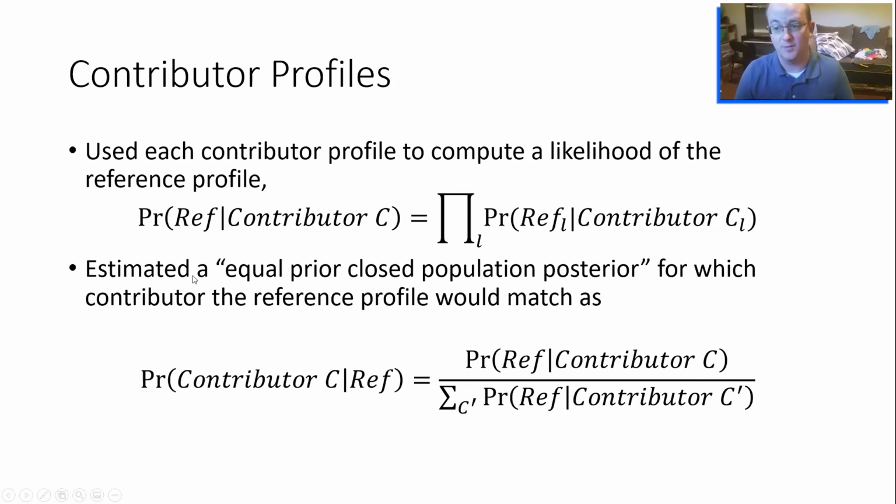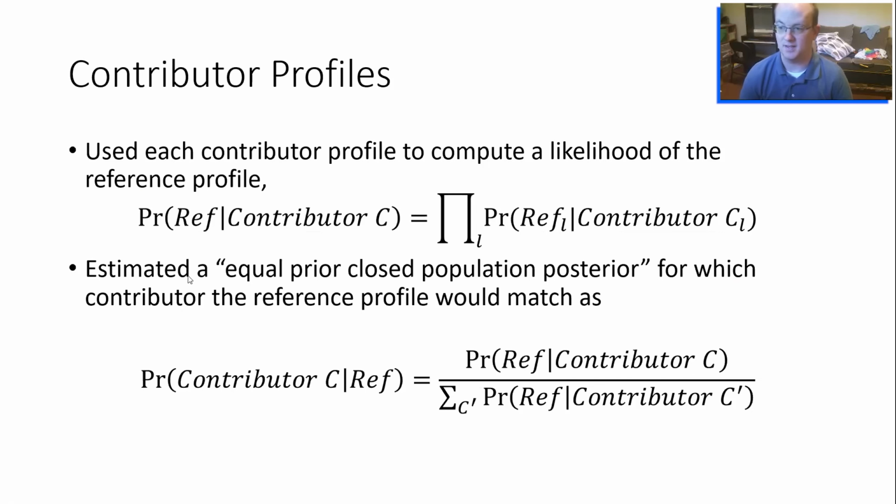And then for our factor space, we are using an equal prior closed population posterior as a way to weight factor values across the different contributors in the mixture. So this is not an ultimate characterization of the probability that the reference profile is this particular component in the mixture.